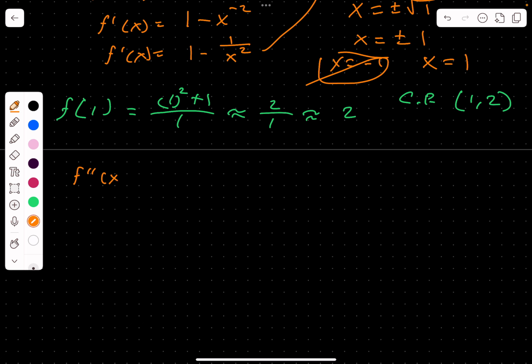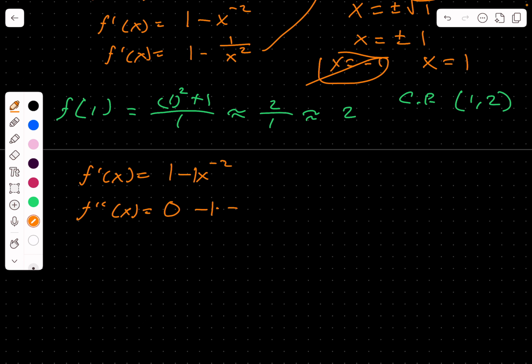Our second derivative, well, let's write the first derivative first so we can take it directly. f prime of x we found out was 1 minus x to the negative second power. Therefore, f double prime of x is going to be what? Positive now. I'm going to show every step for this. Again, the derivative of a constant is going to be 0, so that's 0. We have minus, we bring our exponent to the front.